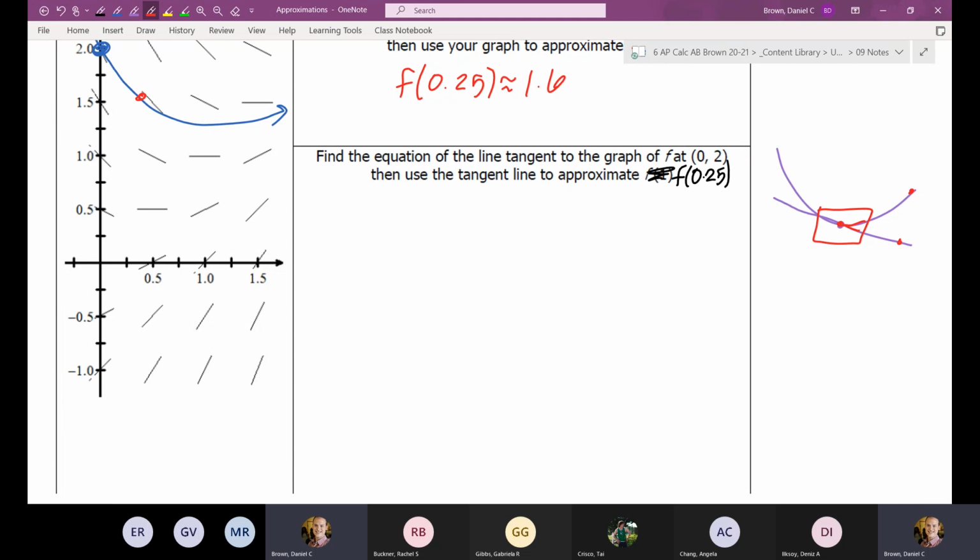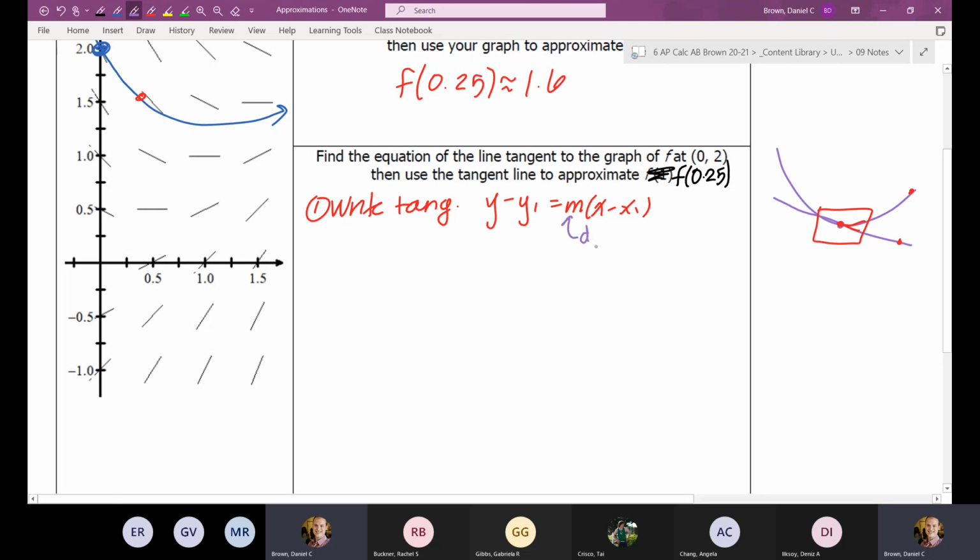There's lots of different types of approximations we have in the field of math. For a calculus AB student, the only estimation we need to know is the tangent line approximation. And it's pretty easy to find. Step 1, you're going to write the tangent line. And we know the tangent line is y minus y1 equals m times x minus x1.